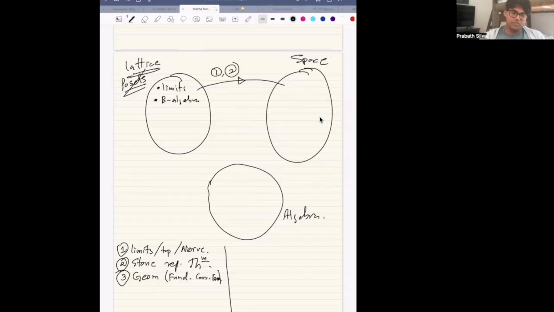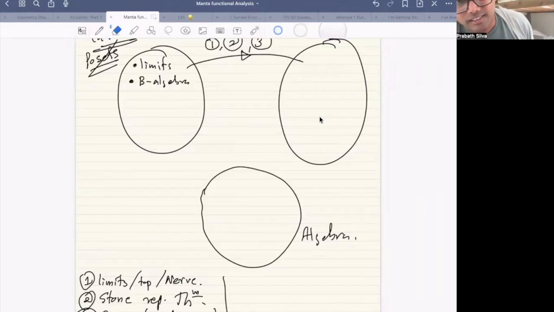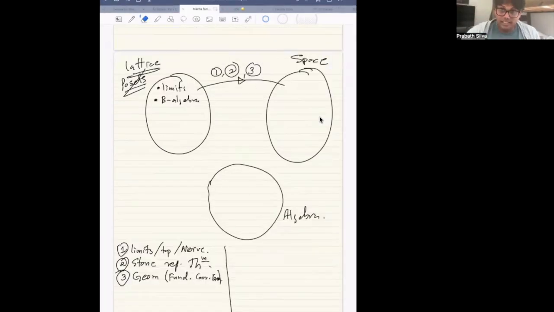Okay, this is a huge theorem. So again, you're going from the lattice side to space. You can think of it as a representation theorem for geometry.